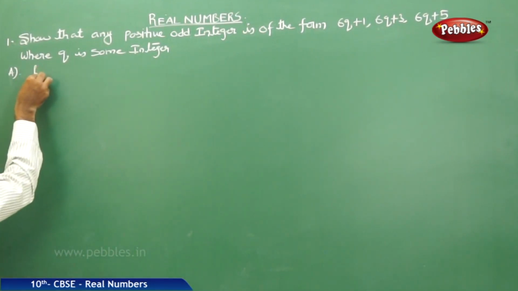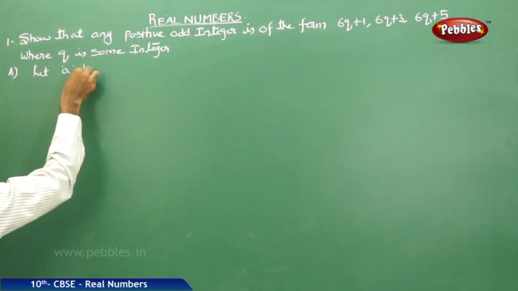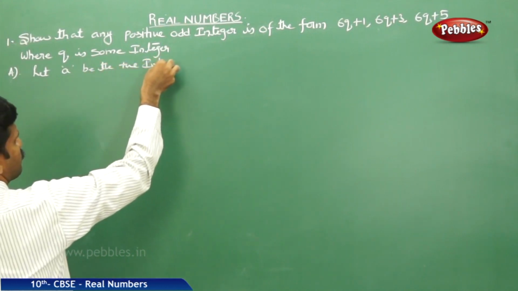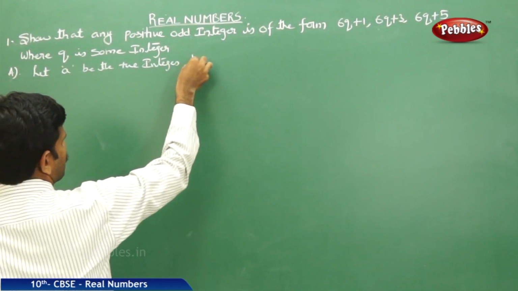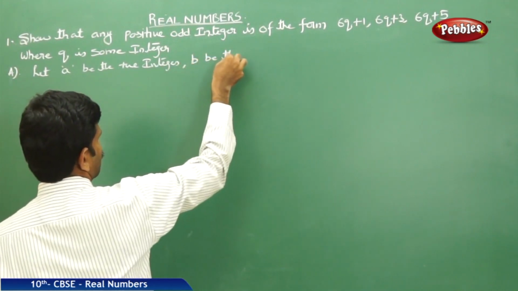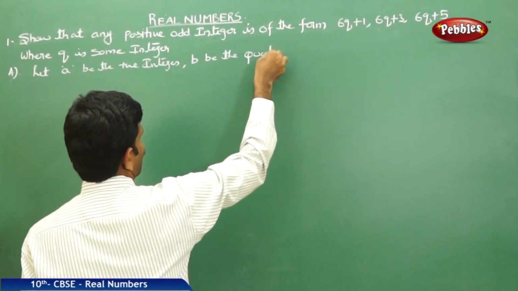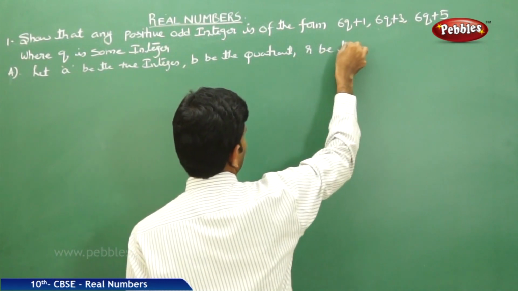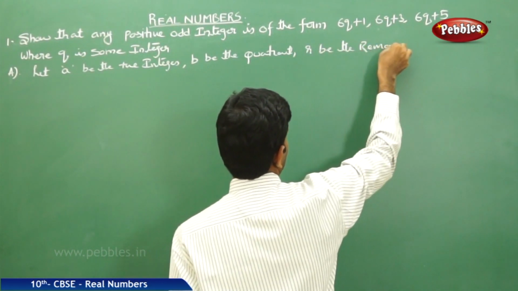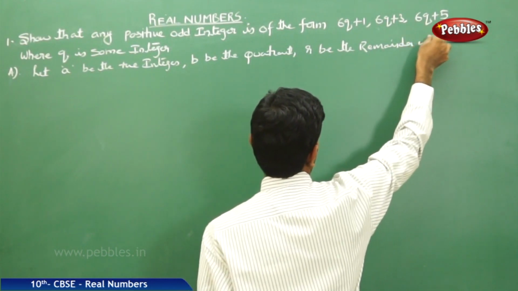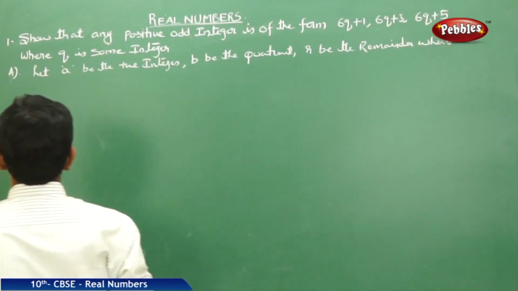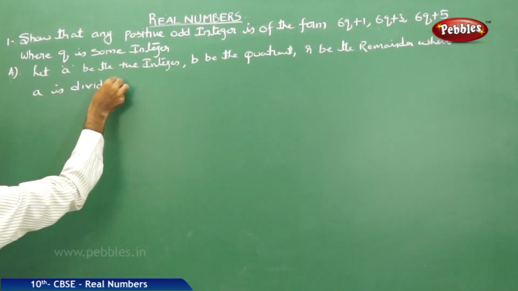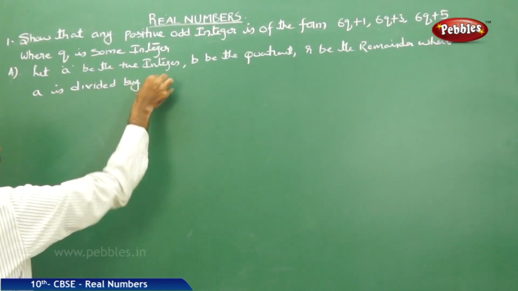Now let A be the positive integer, B be the quotient, R be the remainder, when A is divided by 6.